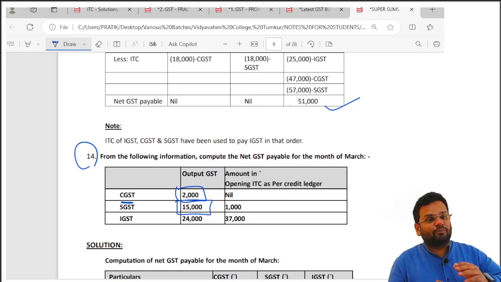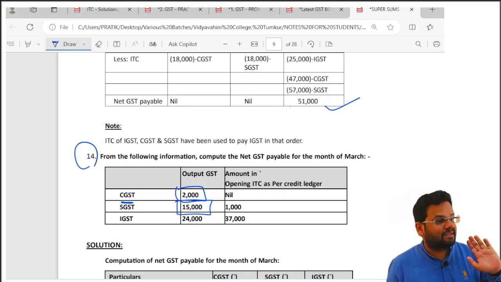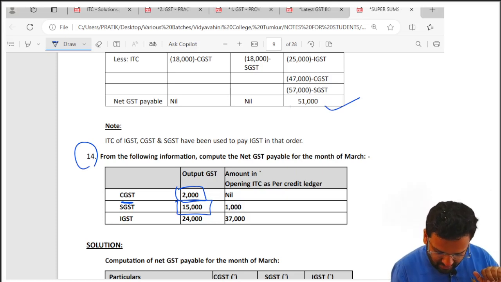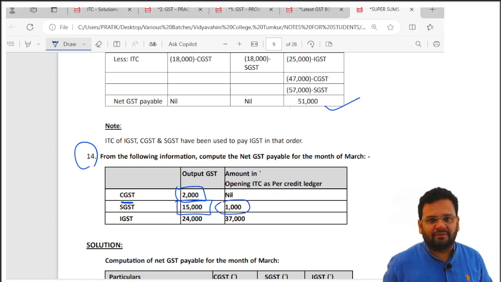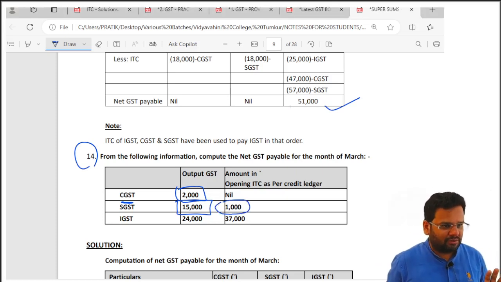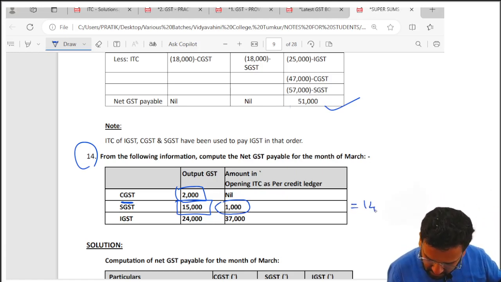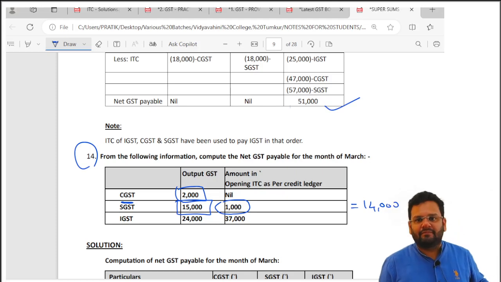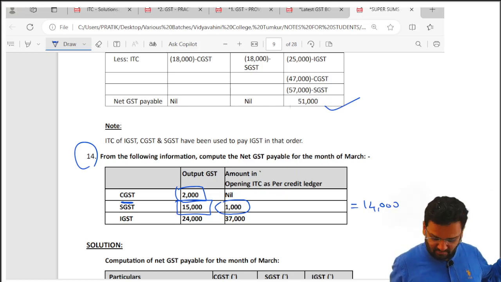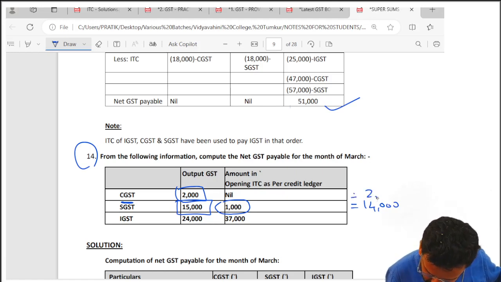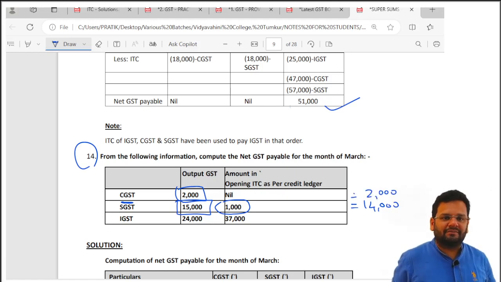So SGST's output tax is very high as compared to CGST, and SGST's ITC is 1000. In short, I know mentally that I am going to lack 14,000 rupees here, and 2,000 rupees here.